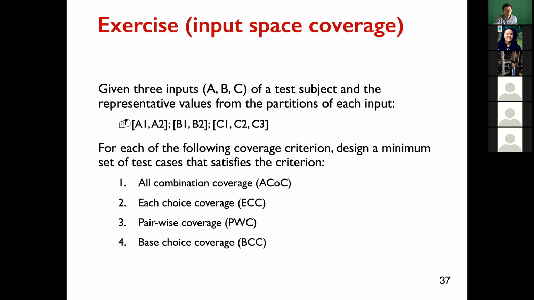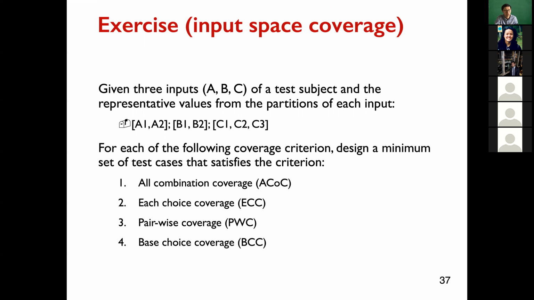For each partition, we have just one representative value. For input A, we have 2 representative values, A1 and A2, or 2 partitions, we can consider it this way. For input B, we have 2 representative values or 2 partitions. For input C, we have 3 partitions or 3 representative values.